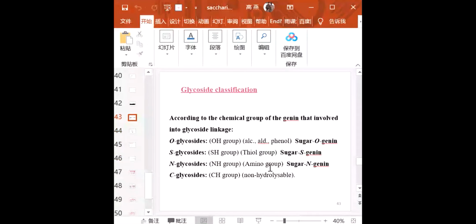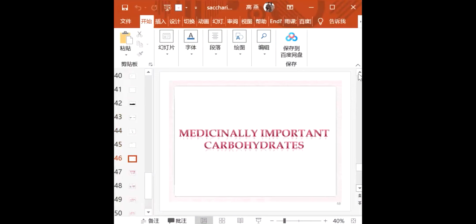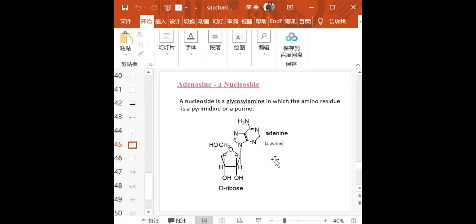There are 4 types, right? Linked with a hydroxyl group, a thiol group, amino group, or alkyl. What type of glycoside is adenosine?